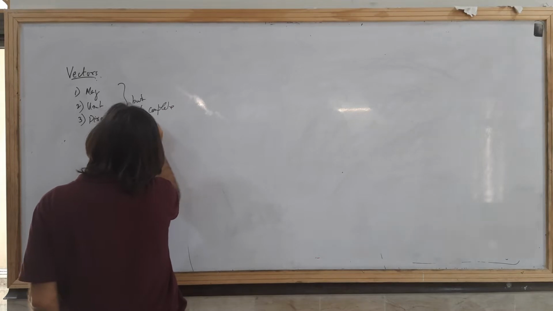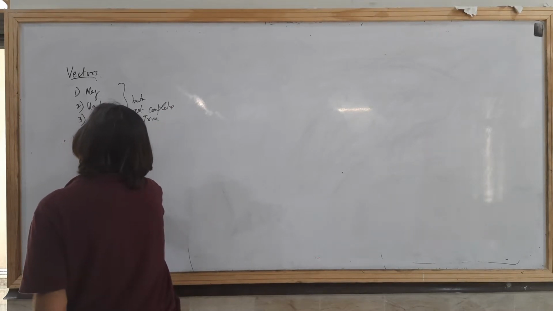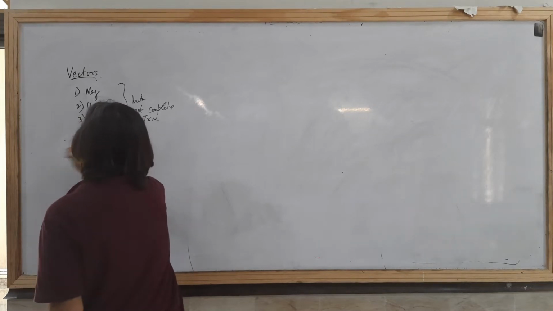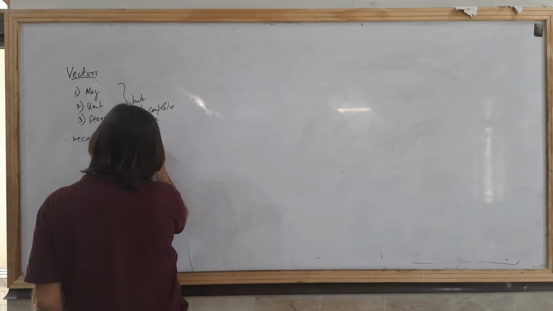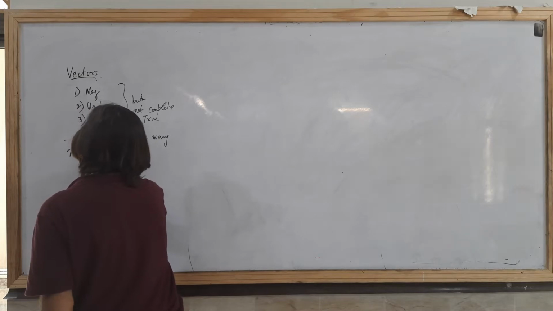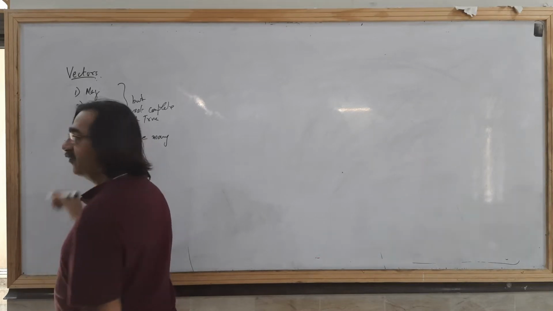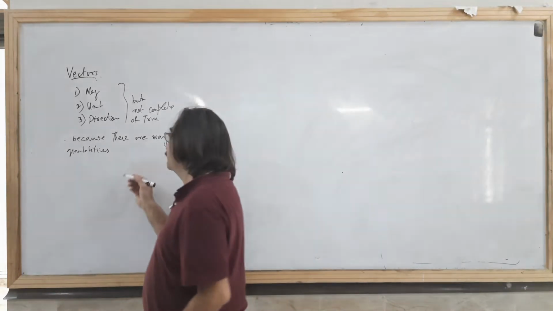Why? Because there are many quantities which have magnitude, unit, and direction, but they are not vector quantities.